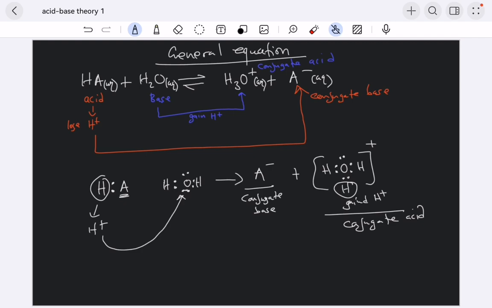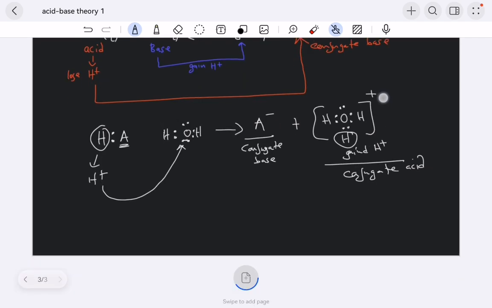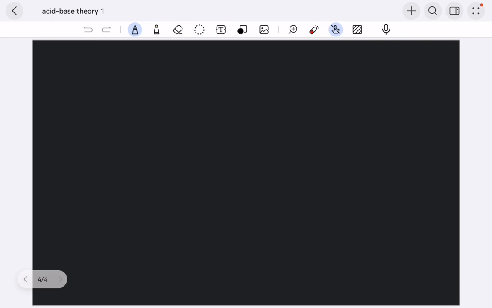Because of the Bronsted and Lowry theory, there are no limitations in the way we describe an acid, and this can be demonstrated by the following example. We can have an example of a reaction in gas phase.